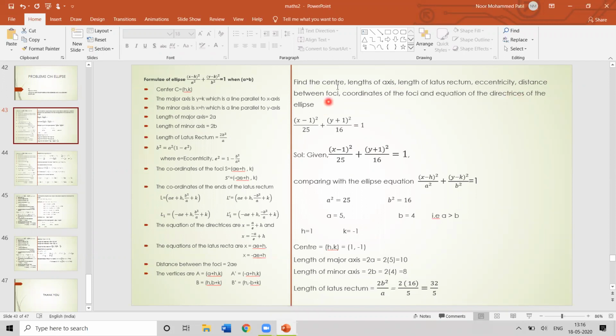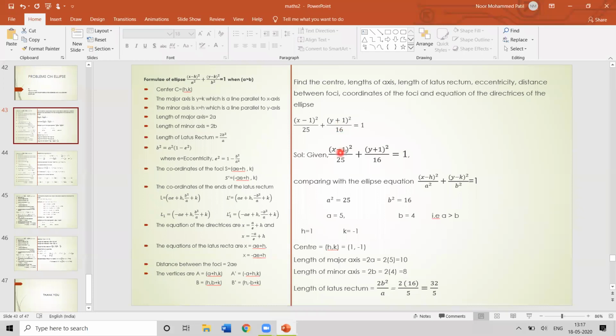The given problem is (x minus 1) whole square divided by 25 plus (y plus 1) whole square divided by 16 is equal to 1.